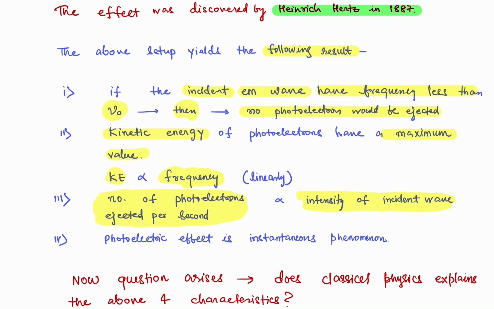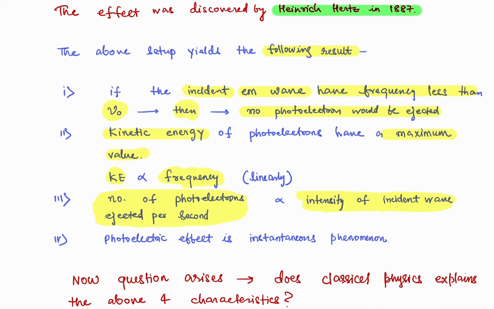Also, the number of photoelectrons ejected per second is directly proportional to the intensity of the incident wave. Whatever the incident wave's intensity, in similar proportion you will get the number of photoelectrons ejected per second. And photoelectric effect is an instantaneous phenomenon.